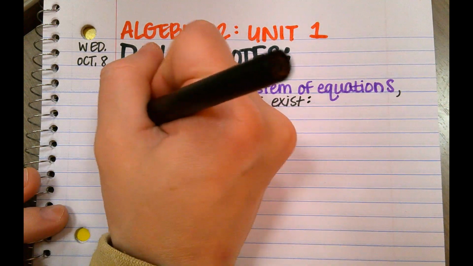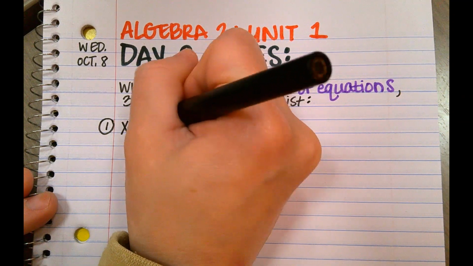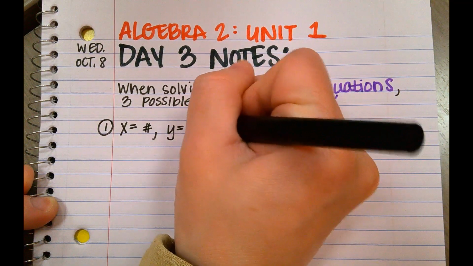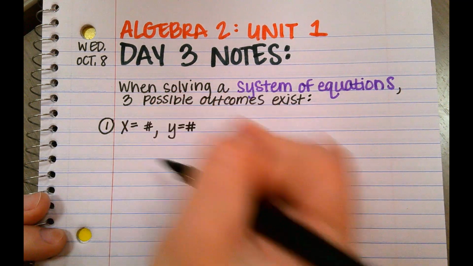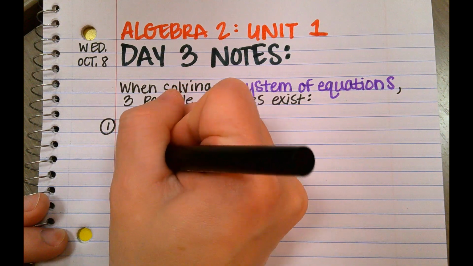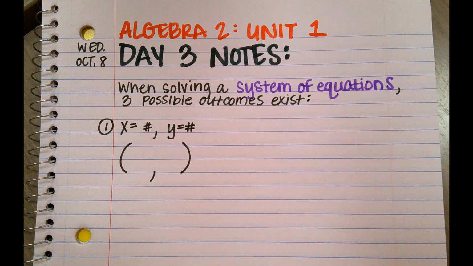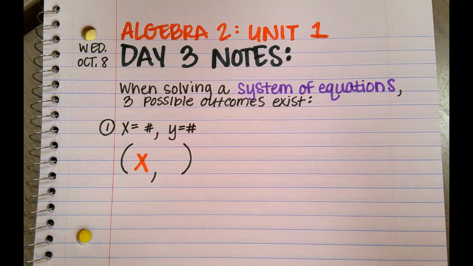One is X equals a number and Y equals a number. That is when we write our answer as a coordinate. X first, and then Y.